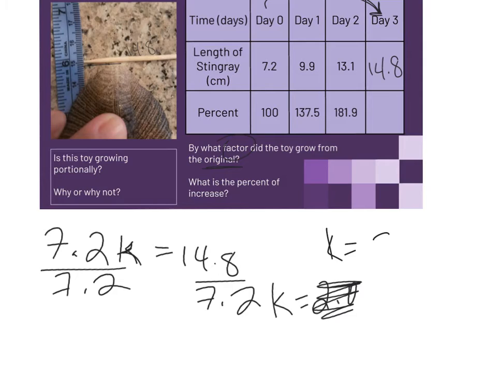So K is 2.1. That's my factor, which means I am going to multiply this by 2.1 to get my percent. So 100 times 2.1 is 210%.